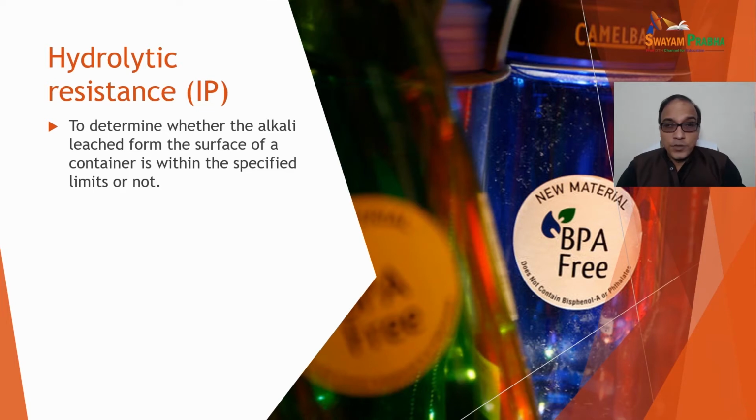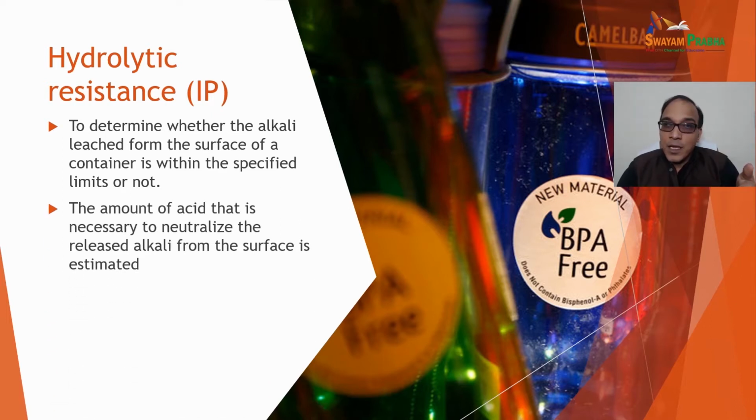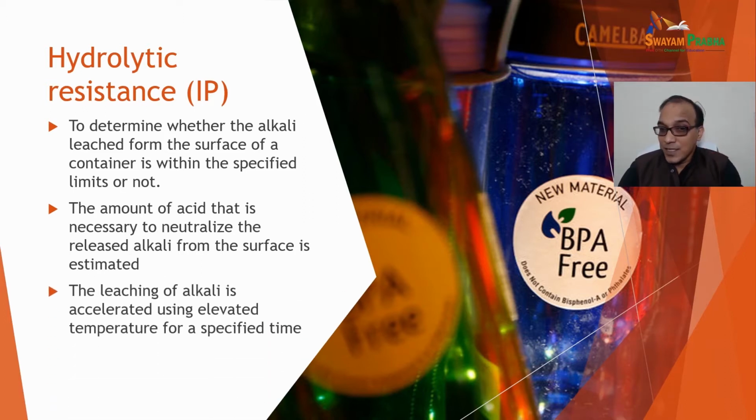The test is performed to determine whether the alkali released from the surface of a container is within the specified limit or not. You know that normal glass, soda lime glass, tends to release alkali. So what we are going to do here, the amount of acid that is necessary to neutralize the released alkali from the surface is estimated.